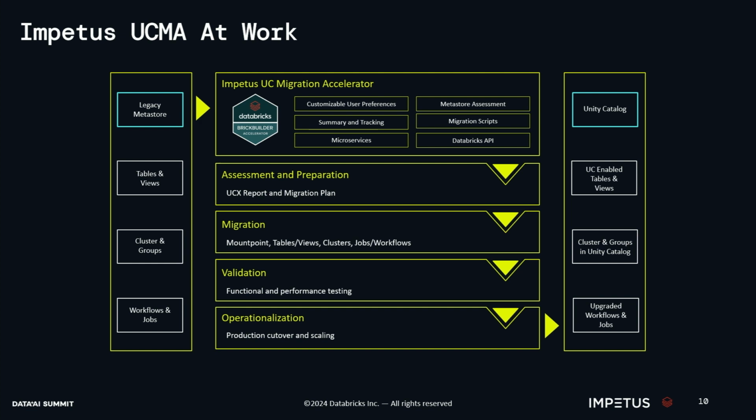The next one is, now that I've done the migration, how good is my validation? Am I able to run these jobs on the new cluster, and then start using Unity Catalog? So validation is what the other framework or module handles, wherein we do a simultaneous comparison of your existing workspaces and the jobs that are running and the data assets that are created versus the data that got migrated to Unity Catalog.